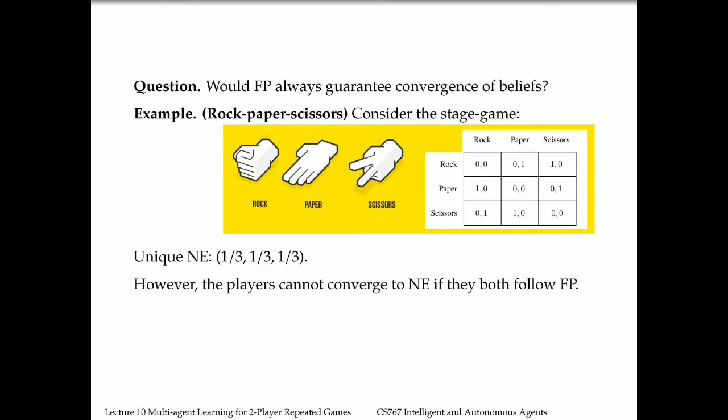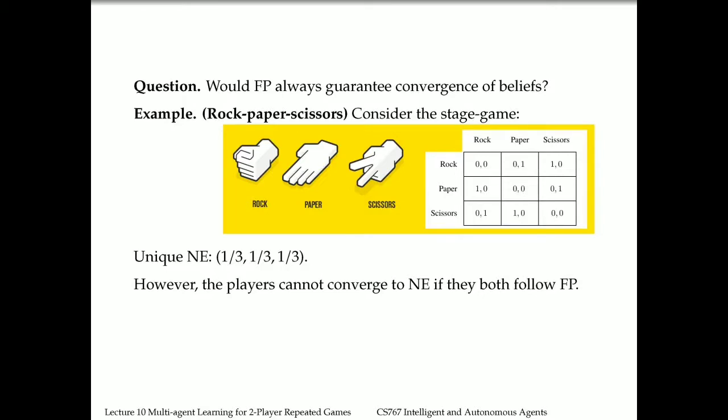So everybody has three options to play: rock, paper, and scissors. And if they play the same action, both of them will get zero payoff. So they just have a draw. But of course, paper wins over rock, scissors win over paper, and rock wins over scissors. So you have 0, 1 values for these other combinations.